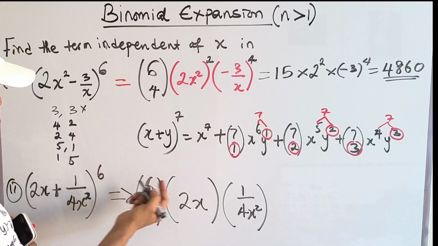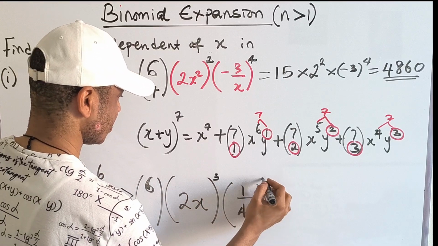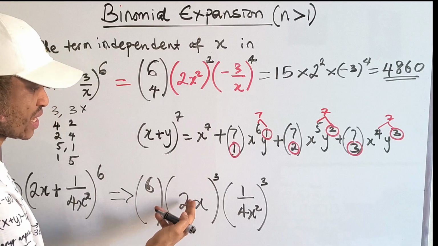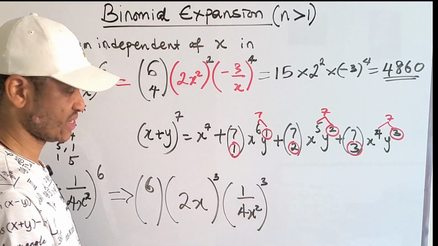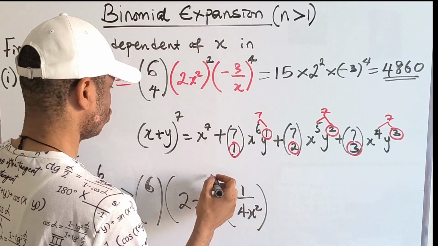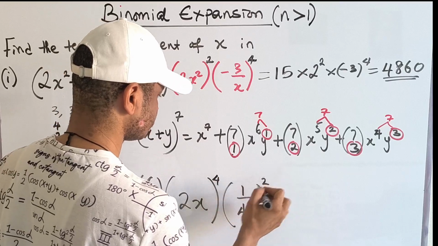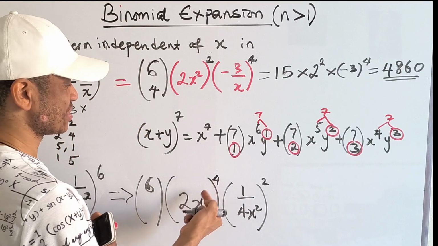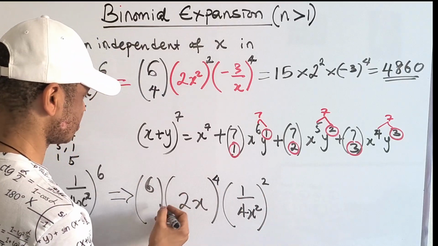So let's say we put 3. We need the x to cancel, remember. This will not cancel because this will be x cubed divided by x^6, no. So let's say we put 4, 2. This will cancel: x^4 divided by x^4, so 6C2.